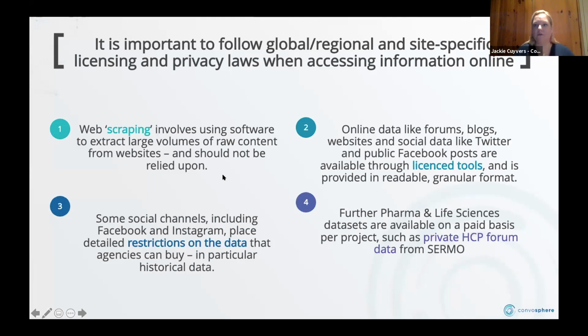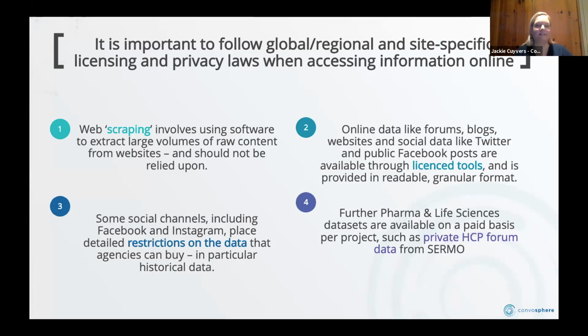You need to use a licensed data set or a tool like these social listening platforms that license the data from Twitter, from Facebook, Reddit, forums, etc. And even though they do have content from these different social media channels, the tech companies themselves, the social media companies, in particular Facebook and Instagram, have begun to really set limits on what they will make available.